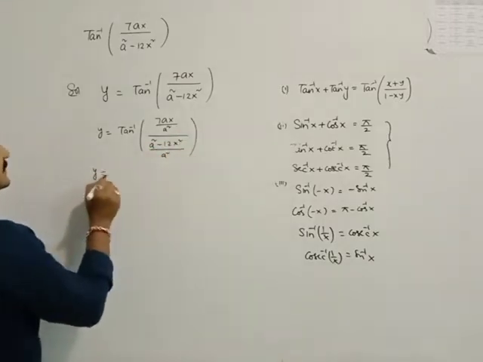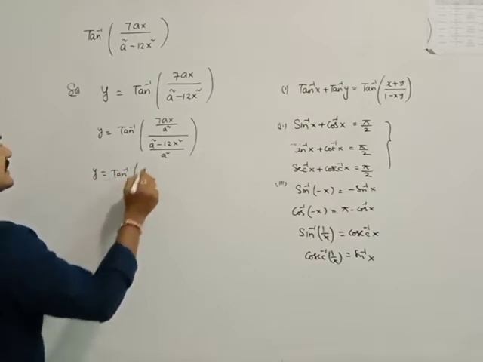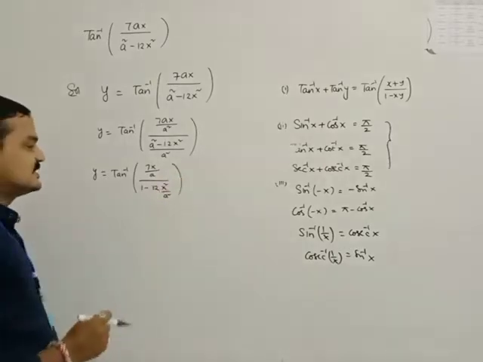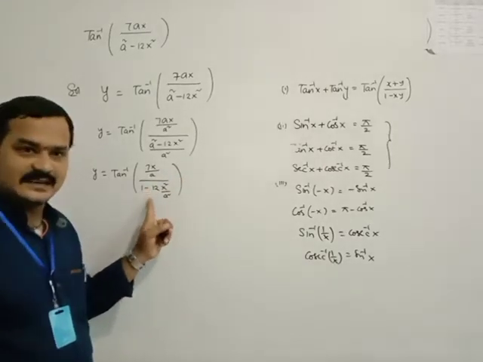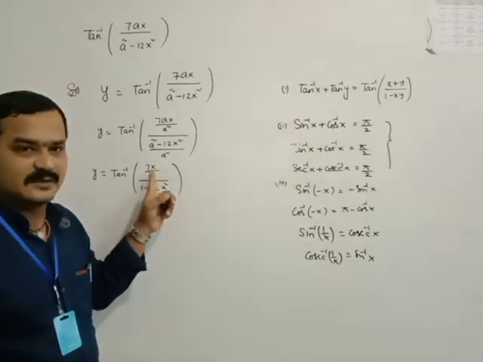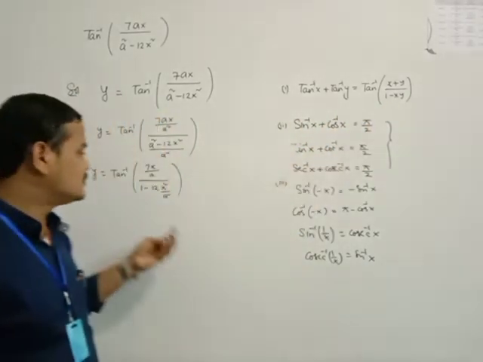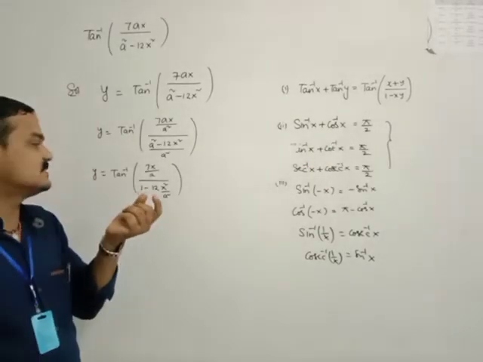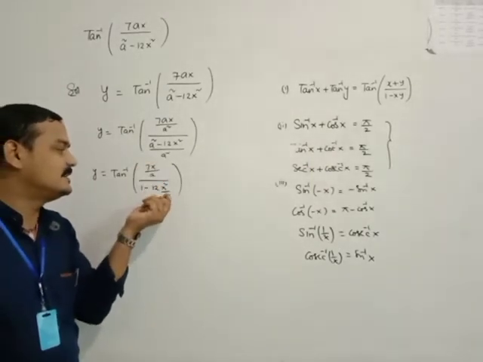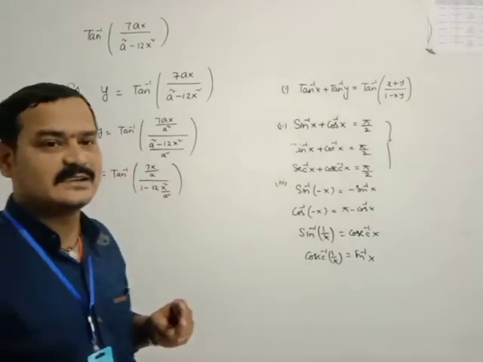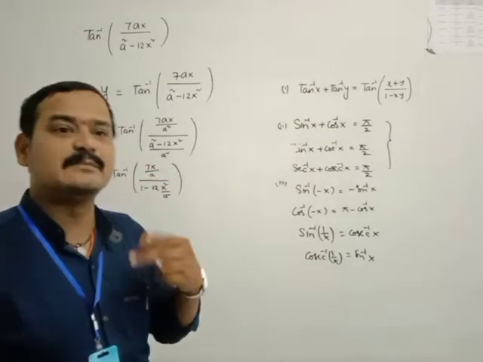Cancellation can be done, so it is tan inverse of 7x by a by 1 minus 12 into x square by a square. You just observe that in the denominator there is a minus, so there must be a plus in the numerator formula. So you need to take two numbers whose sum is 7 and whose product is 12.